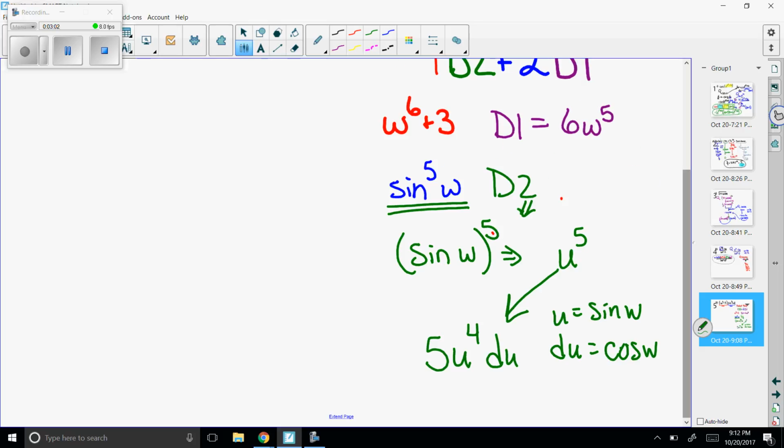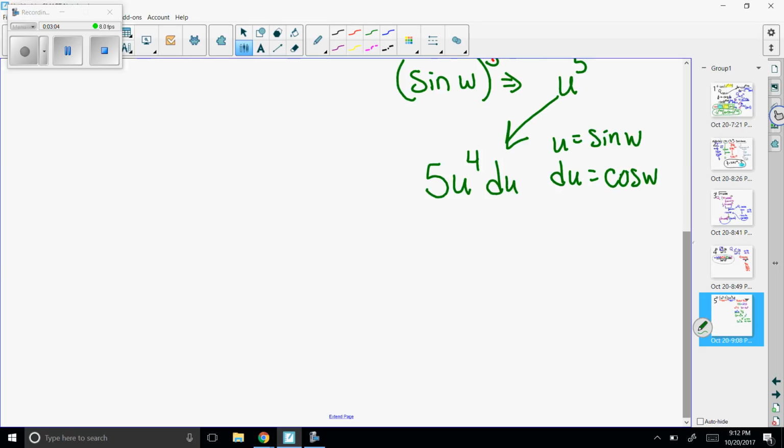So if I look at d2, still working with the derivative of that second factor, it's going to be 5u, well, u is sine w, and I'm going to raise that to the 4th, and then du is the cosine of w.